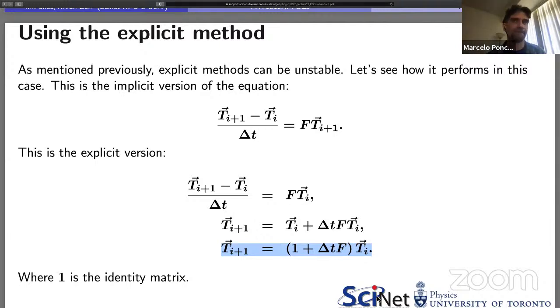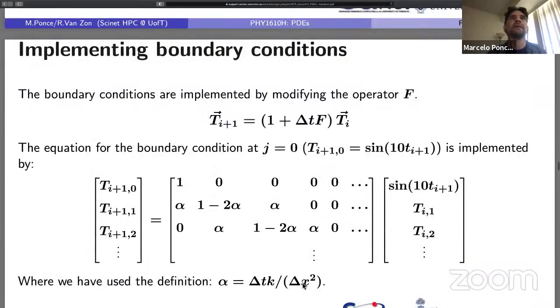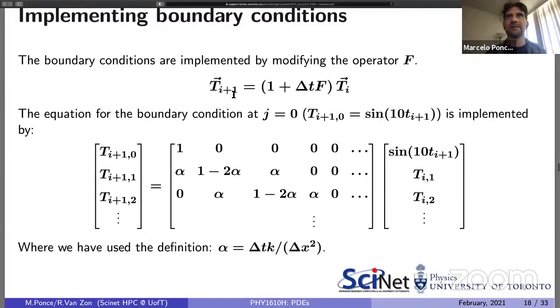Okay. So with that in mind, putting everything back together, this is the equation that we're going to implement. Now we need to also set the initial conditions, or the boundary conditions, I should say.